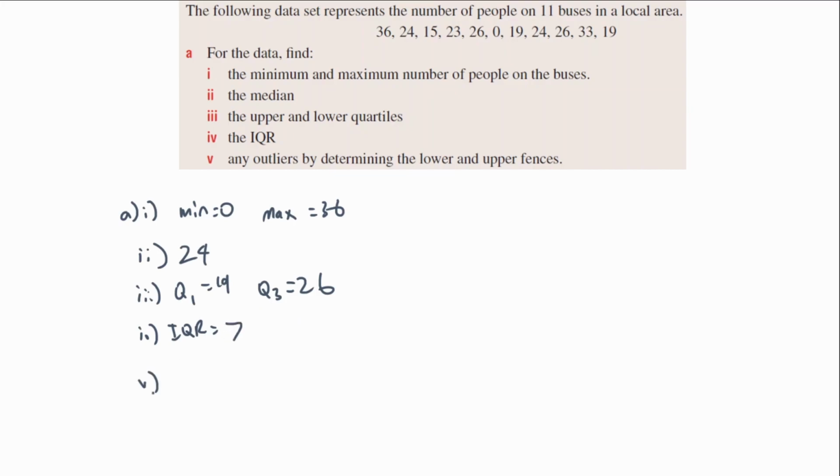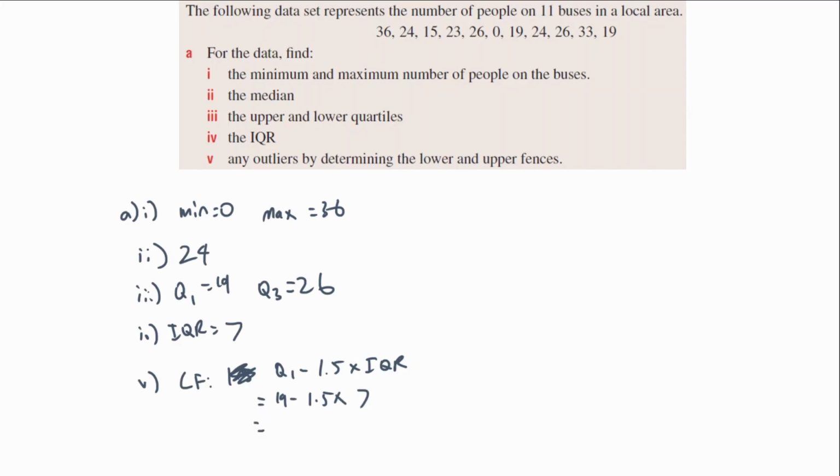And part 5, are there any outliers using the lower and upper fence? This is a new part today, so I'll go through that. So lower fence will be Q1 minus 1.5 times IQR. Q1 was 19 and IQR was 7.